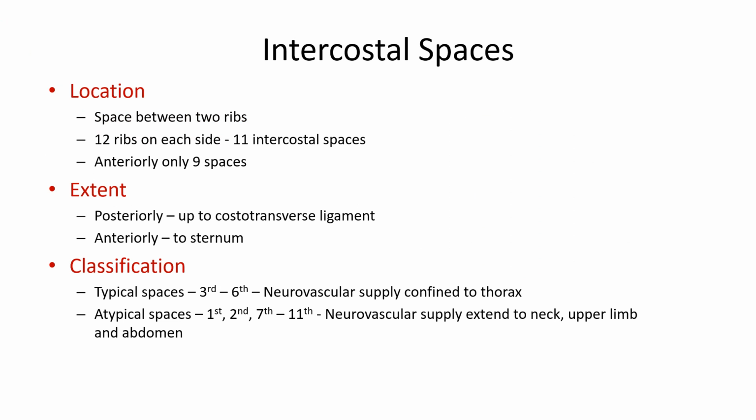Now let us focus on intercostal spaces. The intercostal space is located between two ribs. There are 12 ribs on each side, so there are 11 intercostal spaces on each side.